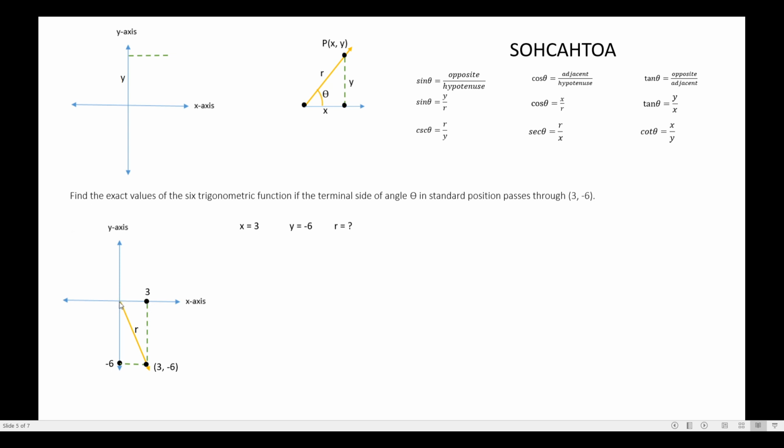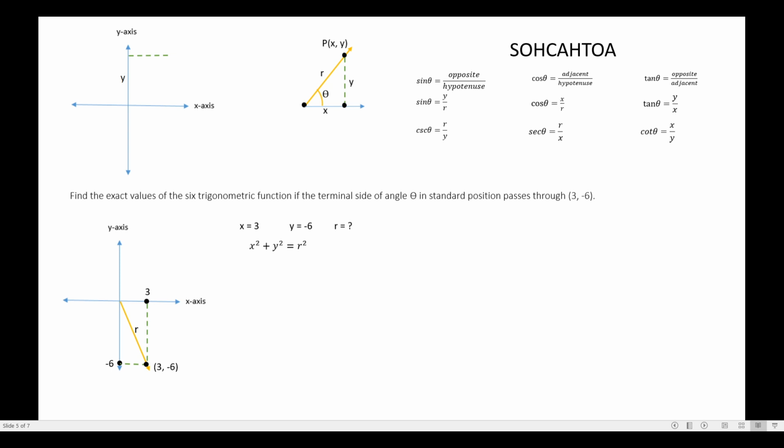The center of the circle is at the origin. That means h and k are 0, 0. If you can still remember the equation of the circle in conic sections, we have x squared plus y squared equals r squared as the equation of the circle with center at (0, 0).